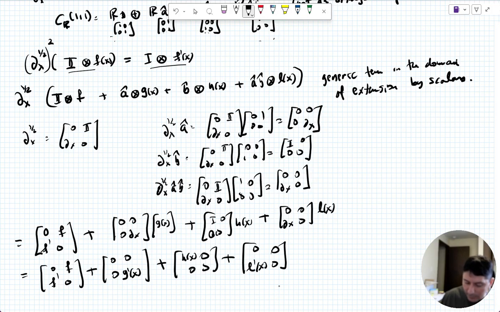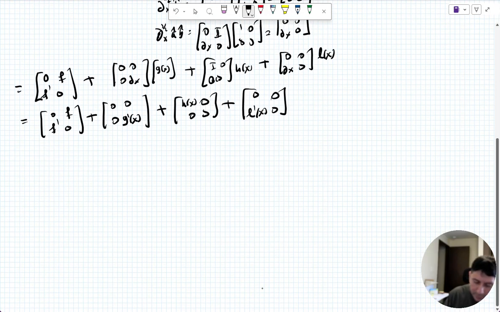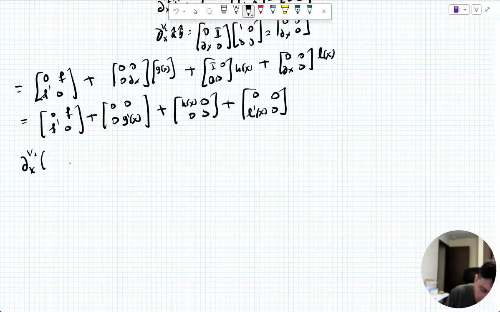So we get the following result. The fractional derivative of a generic term, right, is given by this matrix basically.